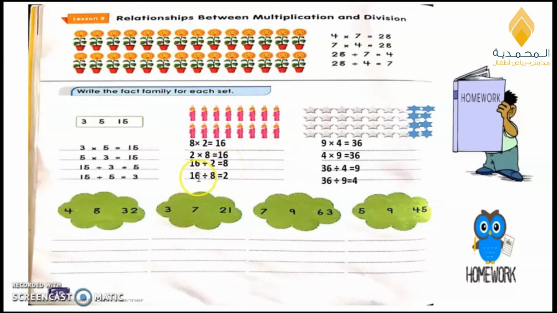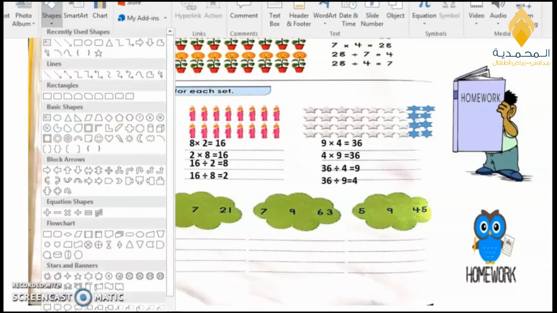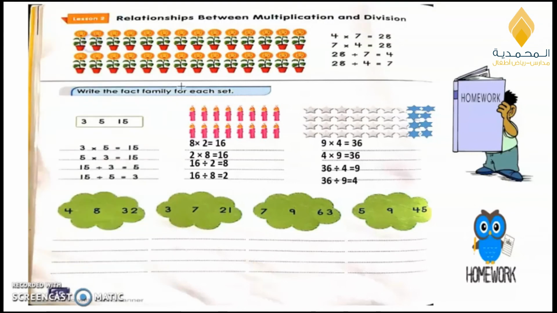And here, 16 divided by 8. If I put each 8 candles like this, these are 8 candles, as you can see, and here 8 candles. Look, I will just put a circle here.